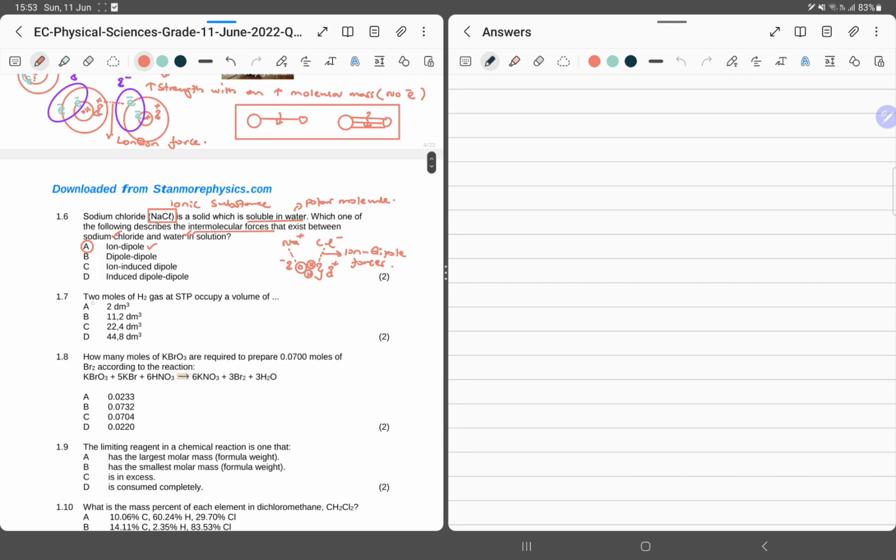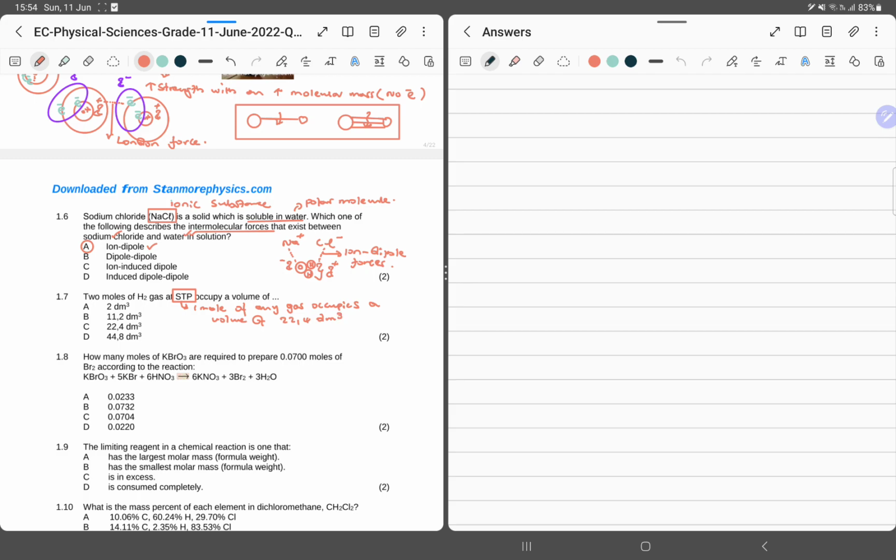Now 1.7 says 2 moles of hydrogen gas at STP. Now, once we talk of standard temperature and pressure, we know that 1 mole of any gas occupies a volume of 22.4 decimeter cubed. Okay, that you need to know.